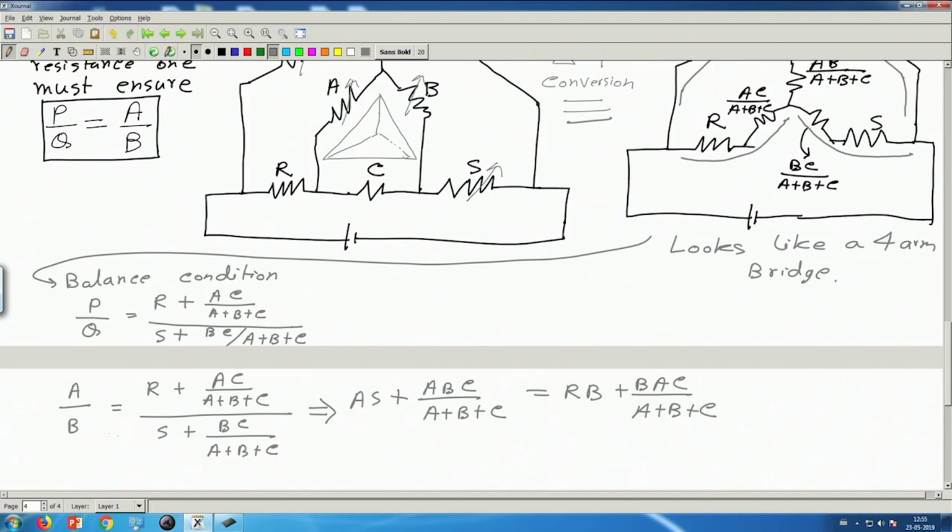Now these 2 terms ABC by A plus B plus C we can cancel from both sides. So then we are left with AS equal to RB, which will imply A by B is equal to R by S.